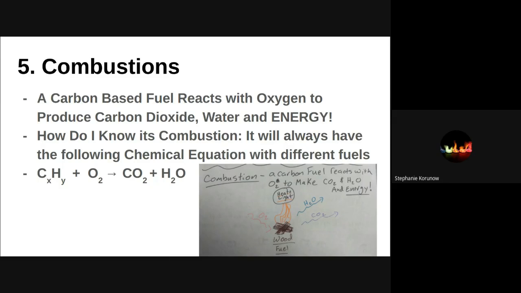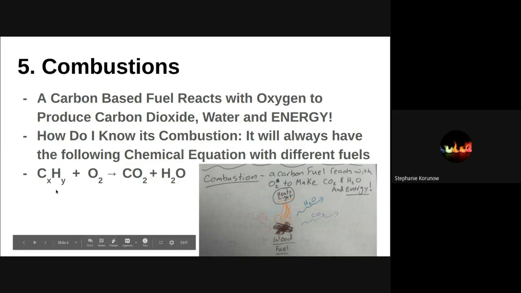It's a combustion reaction. So in a combustion reaction, it's always going to be the same kind of combination. So we have something that's a carbon-based fuel that reacts with oxygen to produce carbon dioxide, water, and energy. Now, when we see the little code for that, it's not going to always say the energy part in there. So you need to think about what substances are in there.